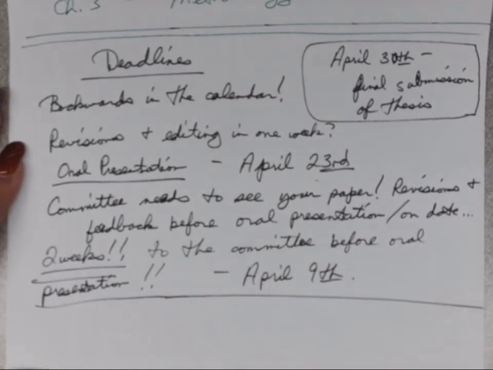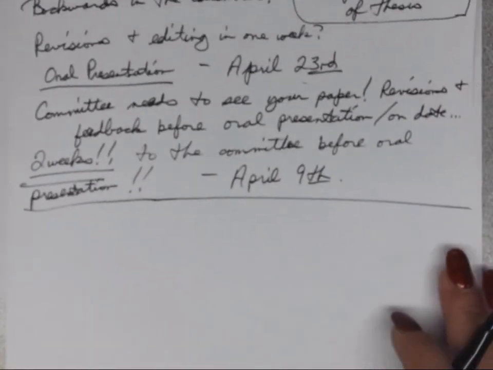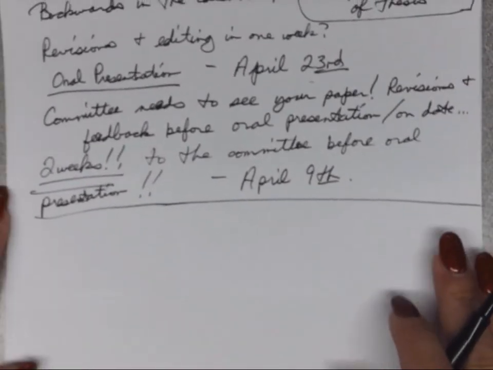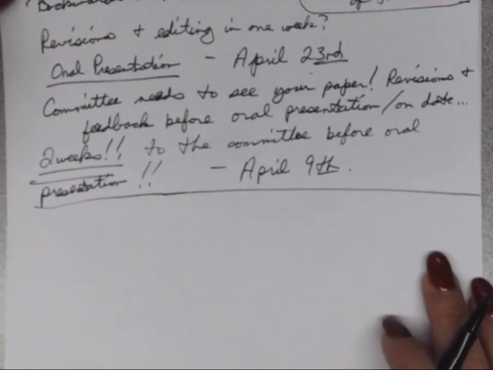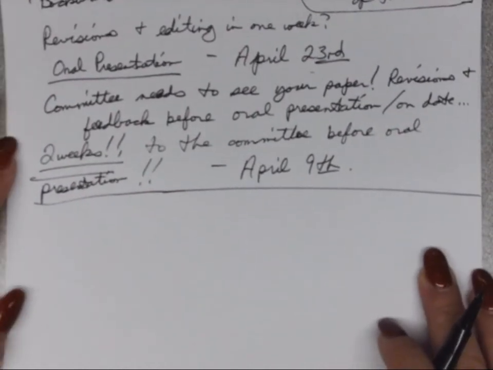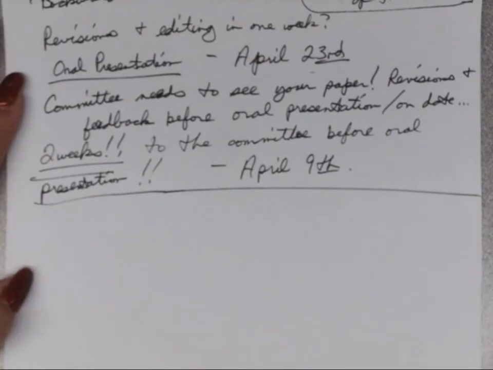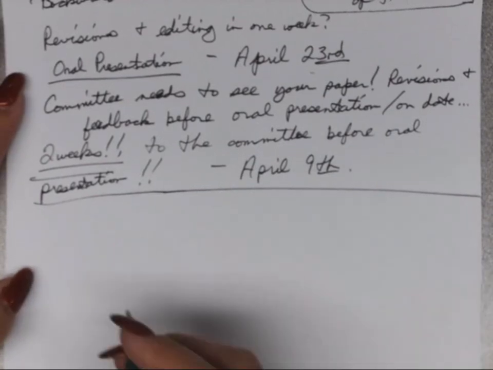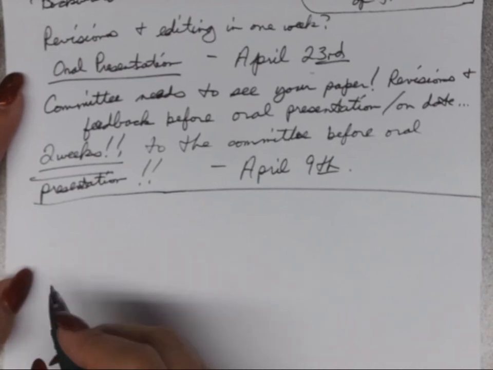Okay? Now that's all fine and dandy, except that what? Your committee doesn't get it until after your advisor gets it, right? So your advisor wants to look at it and make sure it looks good and they like what's going on before you send it to the committee because they don't want to be embarrassed because you have some really crazy mistake or your English is terrible and you need a proofreader or something like that.